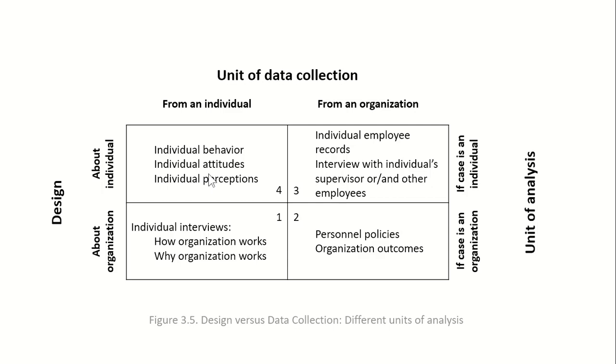When collecting data from individual sources, you ask their individual behavior, their attitudes, and their perceptions. When you collect data about individuals from the organization level, you often go to check individual employee records, or you interview individuals' supervisors or other employees in the same organization.